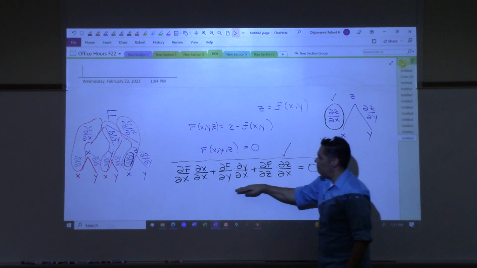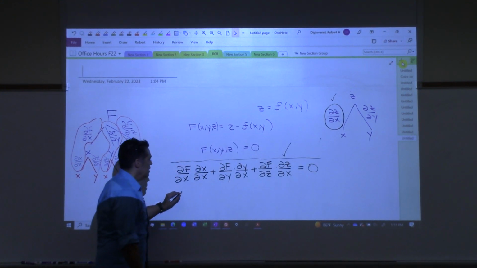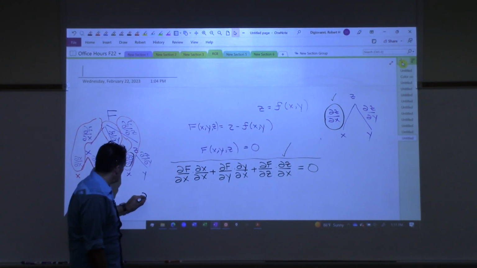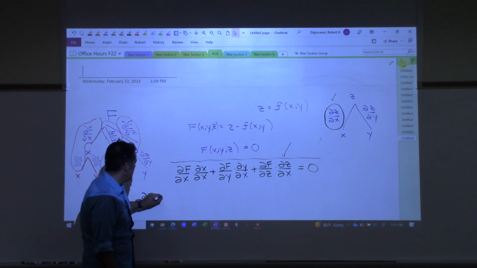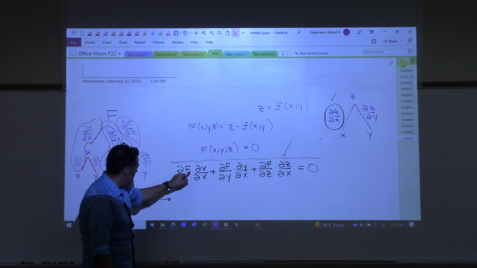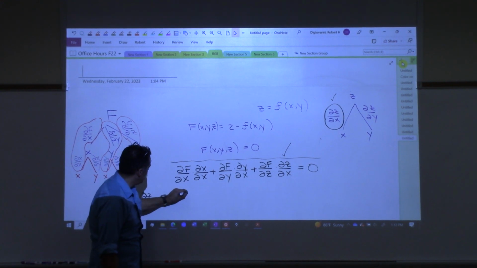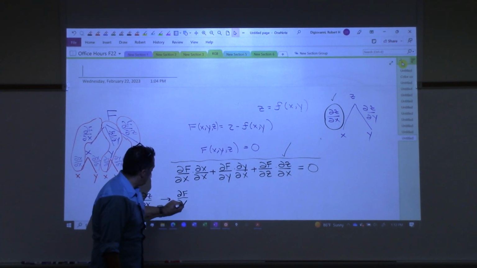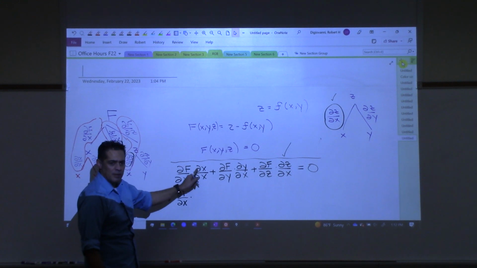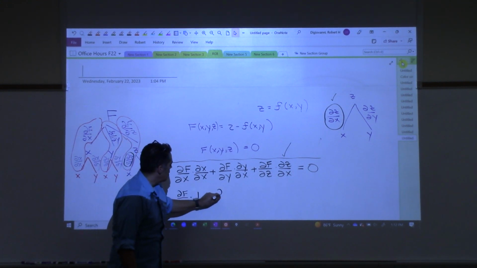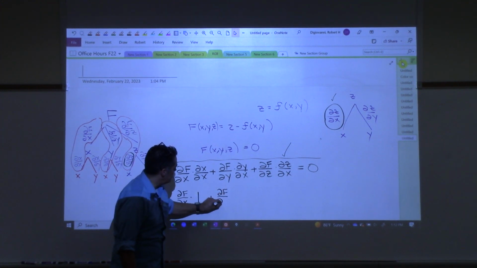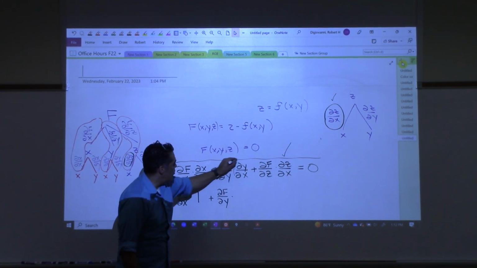So come back over here and let's reevaluate this thing. If we're looking for the partial of z with respect to x, what that tells us is that this will turn into partial of f with respect to x times, we said partial of x with respect to itself is 1, plus partial of f with respect to y times, now, what's that?